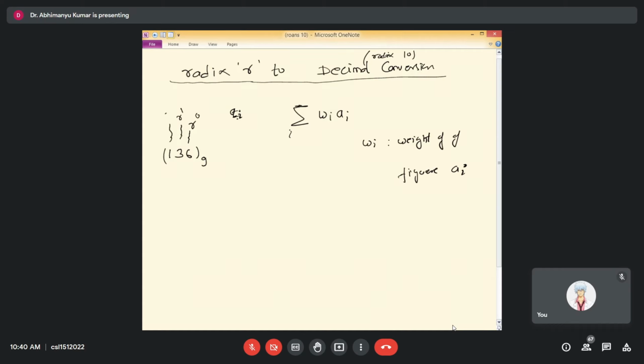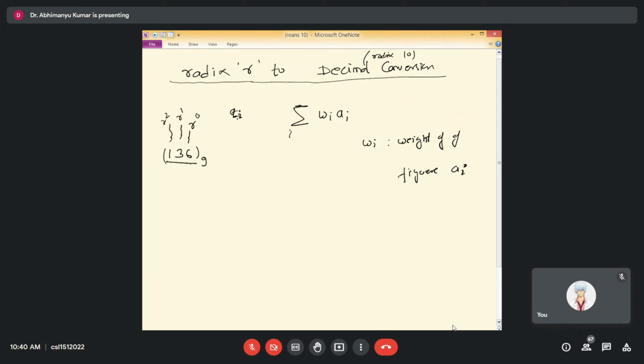This is r to the power 2, like that. Excuse me sir, I did not understand the concept of R0, R1 and R2. Not r0: r to the power 0, r to the power 1. This is the weight of this individual digit.